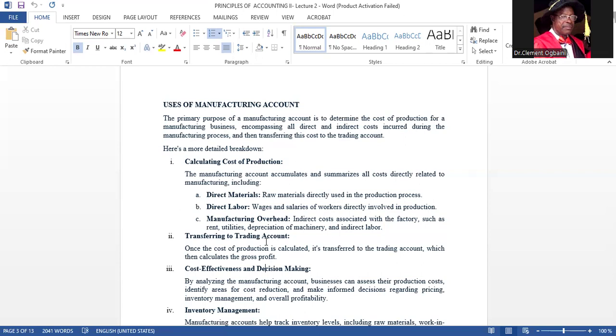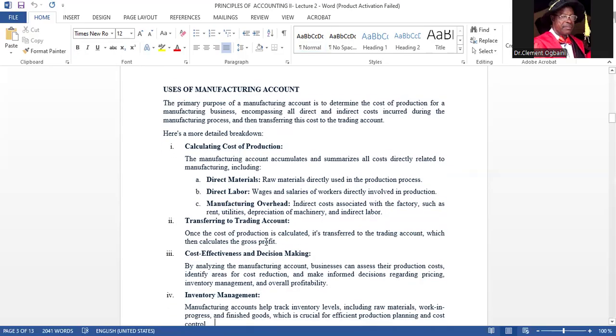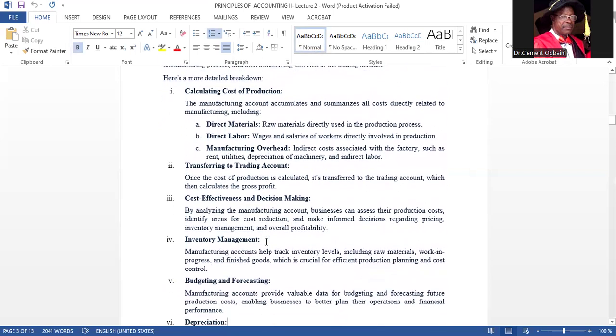So that is why I said that if the manufacturing cost is 1 million, the company can add any amount which represents the manufacturing profit to now determine the price at which they are giving it to the marketing department to sell. So manufacturing account helps us to determine the cost of goods manufactured, the manufacturing profit, and also the transfer price at which we are selling it to the marketing department.